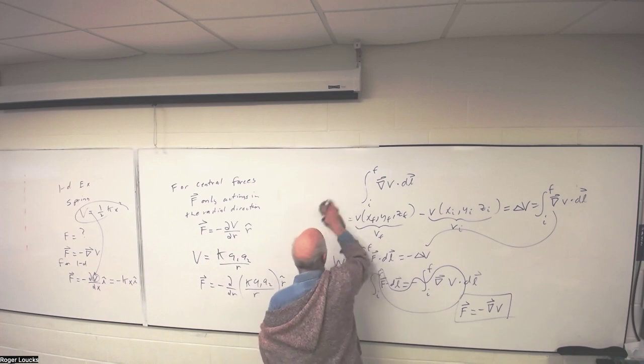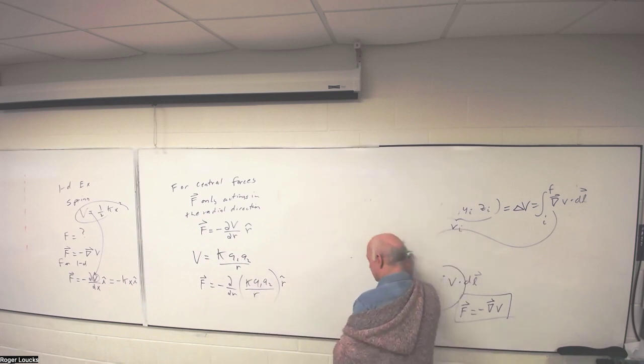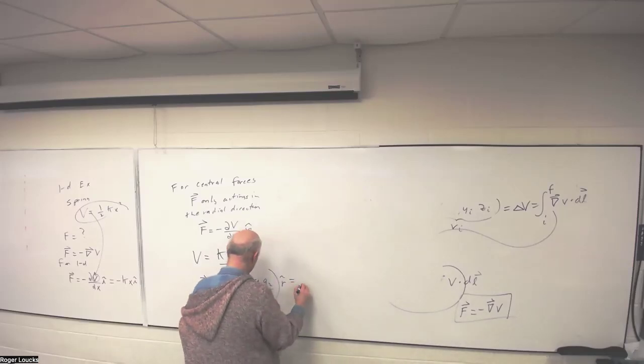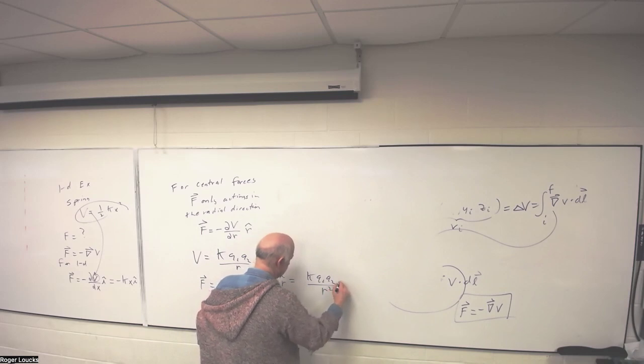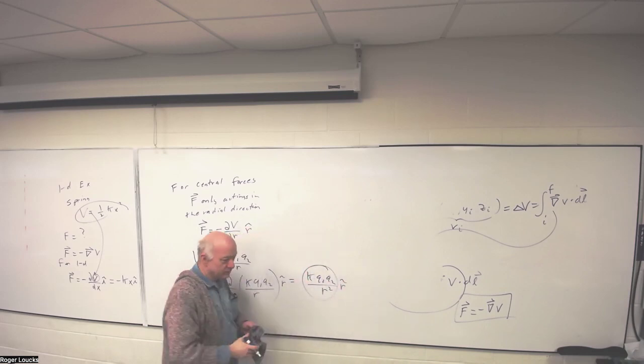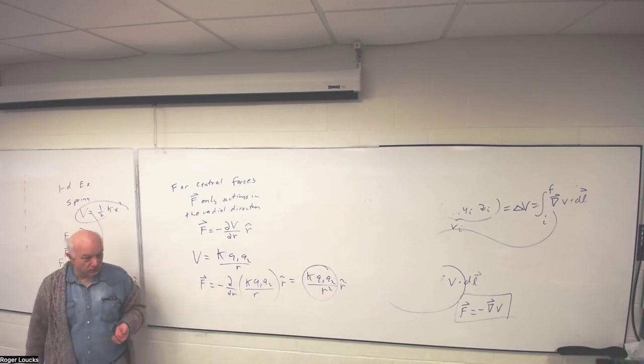This is actually going to be k Q1 Q2 over r squared r hat. Hey, what is this? It's nothing but the force, Coulomb's law. Oh, is that how they found it?